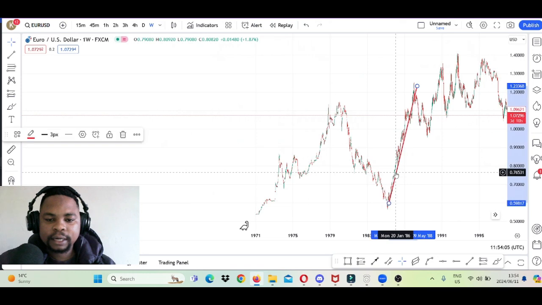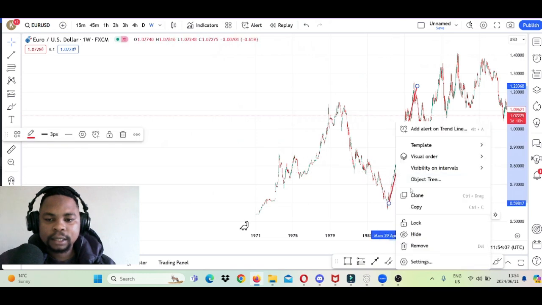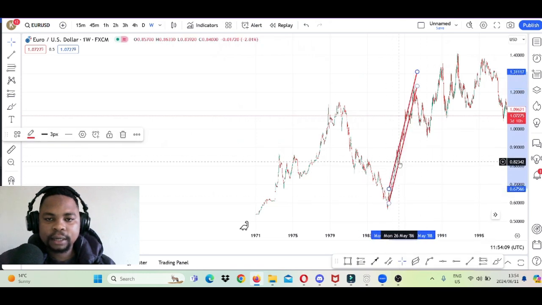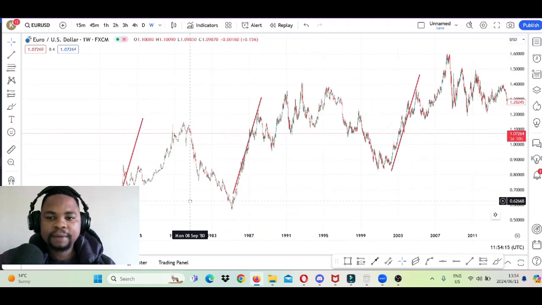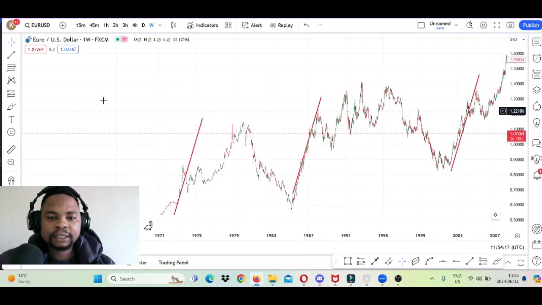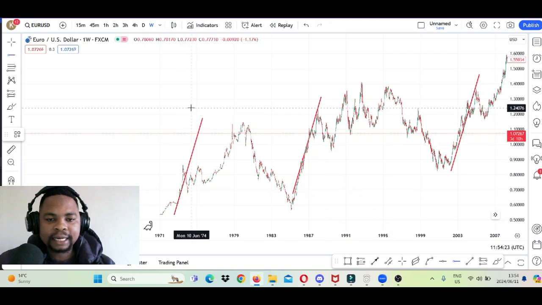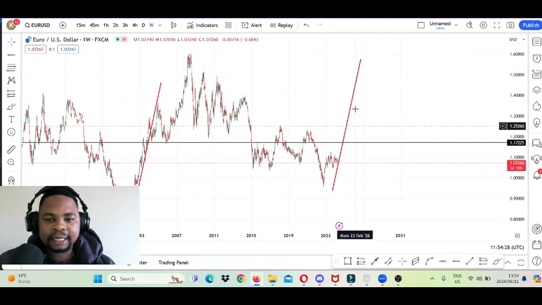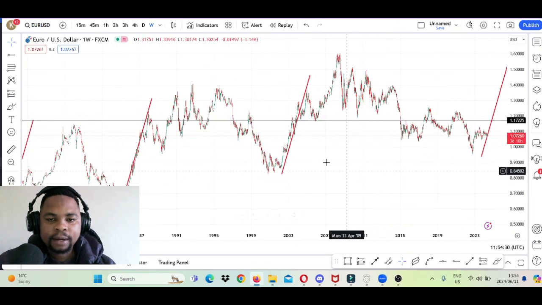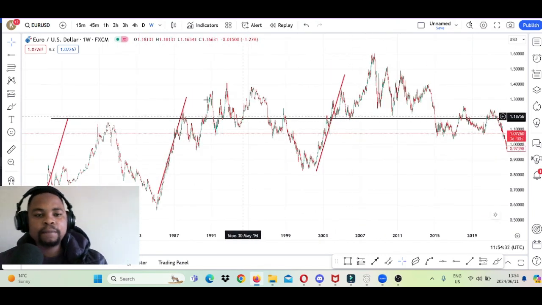You see, when I do this, mind you, this is just a weekly time frame. You can do the very same thing on the smaller time frames. You see, they are very much equal. You have an idea that in the future, when I move, I might likely move those pips going up, or even more going up.